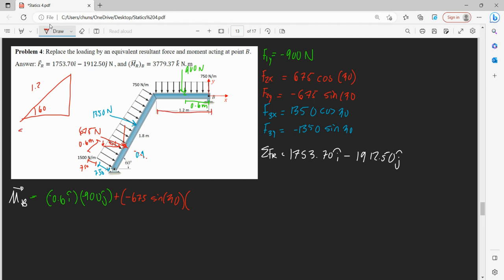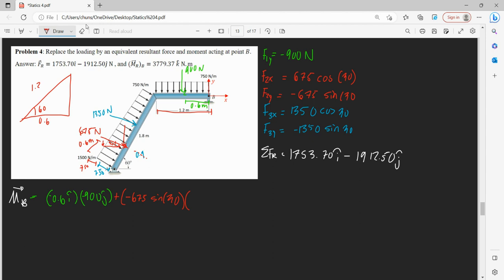So cos 60 is equal to x over 1.2. So that's cos 60 times 1.2. So this is 0.6 in our x horizontal.